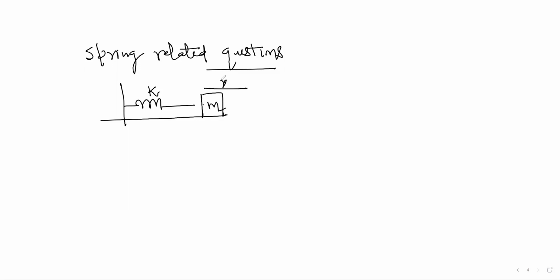When we displace it to the right, a force acts to the left, minus Kx. So force due to spring is directly proportional to the negative of displacement. So force due to spring is equal to minus K times x.